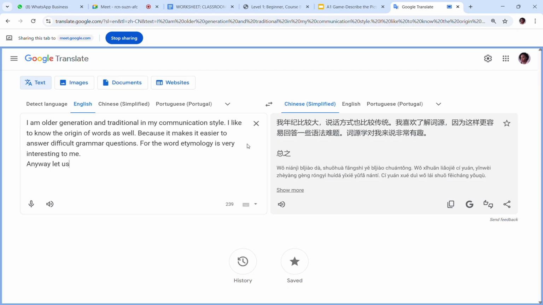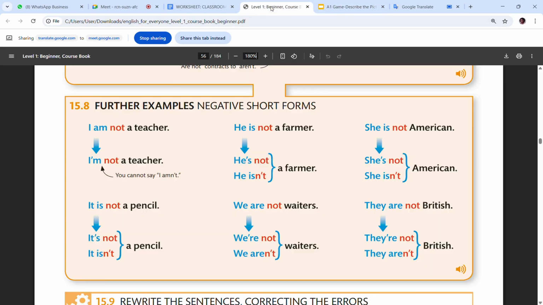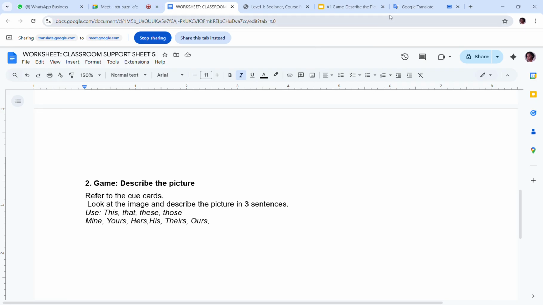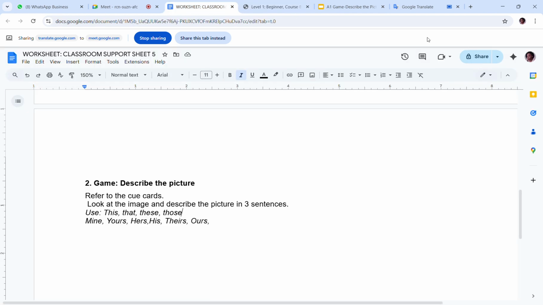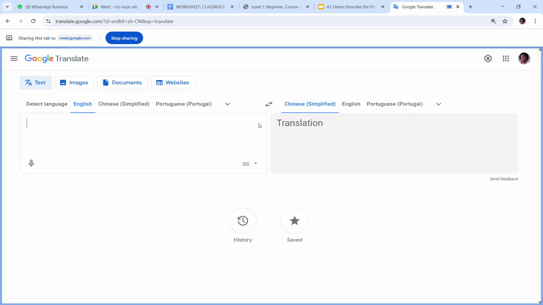Anyway, let us continue. Which is easiest for you guys? Let us actually stop here. Tell me what you prefer. Do you prefer the short version or do you like the long version?